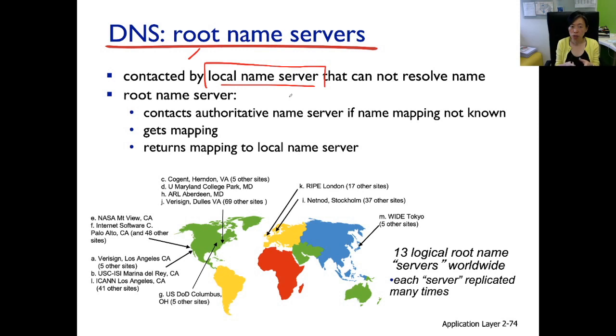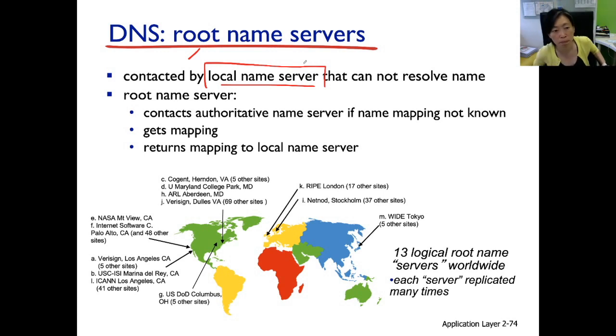So the ISP or institutional network will set up a local name server there for all the users in the domain to send the queries. And then this local name server will relay the queries to all these servers in the hierarchy, right? So in a way, the local name server here is the client of the name to IP lookup service.